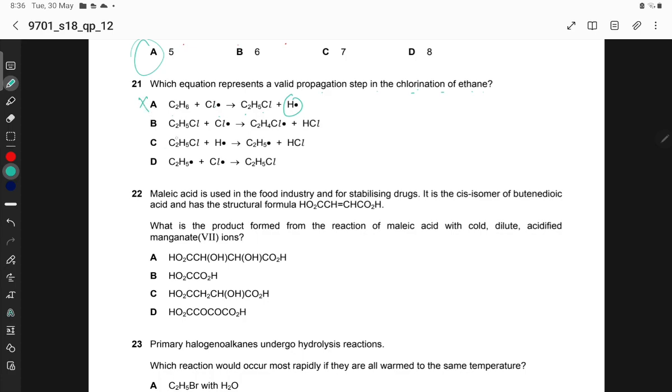So this is incorrect. C2H5 plus Cl2 gives C2H5Cl plus Cl. This makes a free radical, and the hydrogen reacts with chlorine to form HCl. So this is correct. Again, hydrogen cannot be produced, because chlorine is produced.